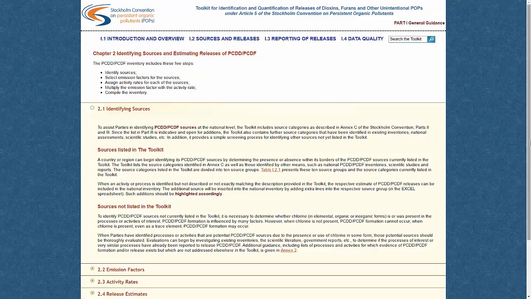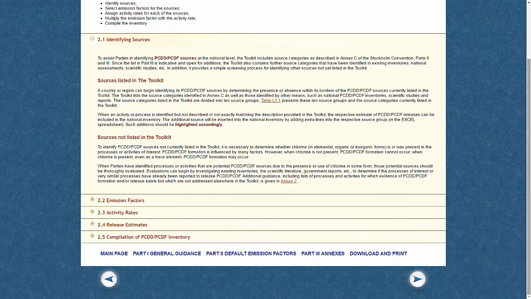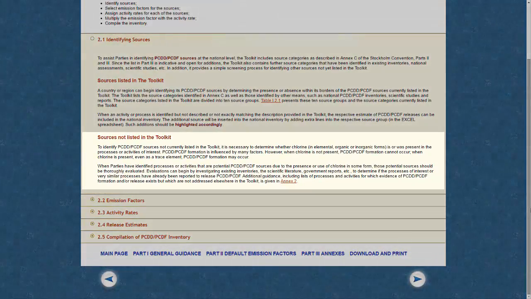Guidance on identifying unlisted sources is presented for the first time in the 2013 toolkit. It is based on this indisputable fact. Dioxin formation occurs only when chlorine is present. This means that a process or activity that involves no chlorine cannot be a dioxin source.